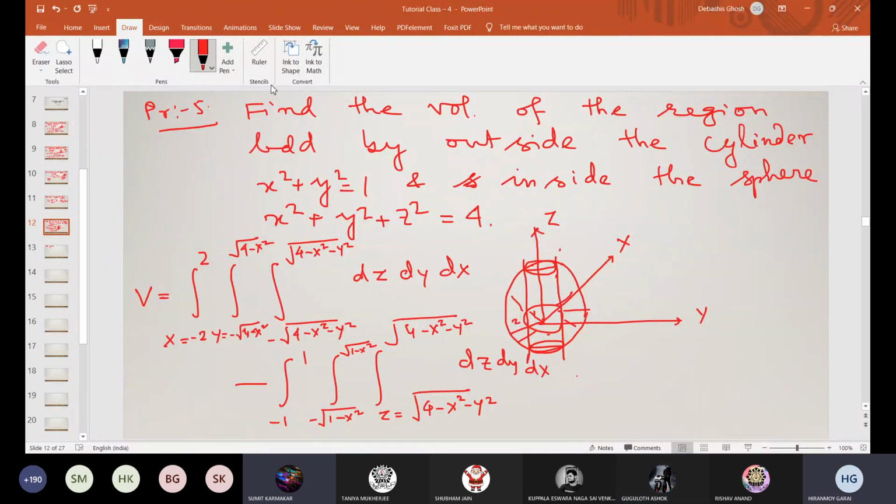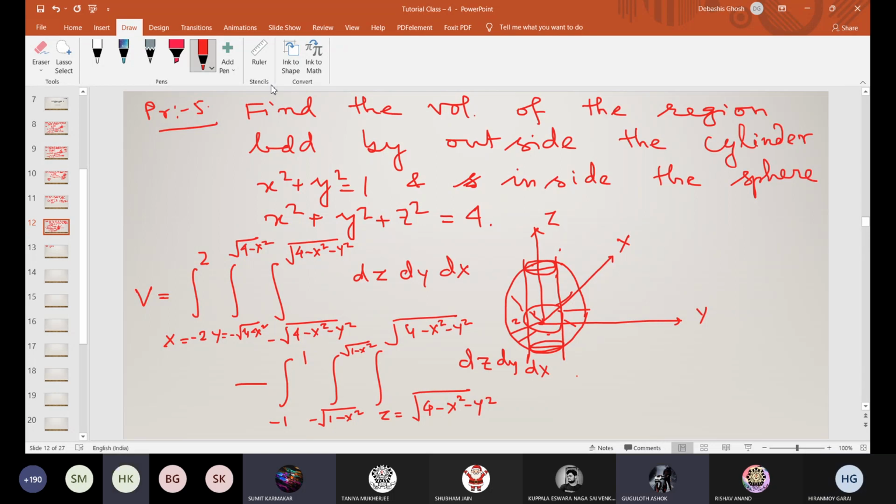We are putting z equals 0, and we get y square is 4 minus x square. So y equals plus minus under root of 4 minus x square. So we have taken that for your sphere. Okay, that is the portion of your cylinder. But you have the common portion between them, that is the range for z. That's why the z range is the same. Only the changes are in the basement on the xy plane.